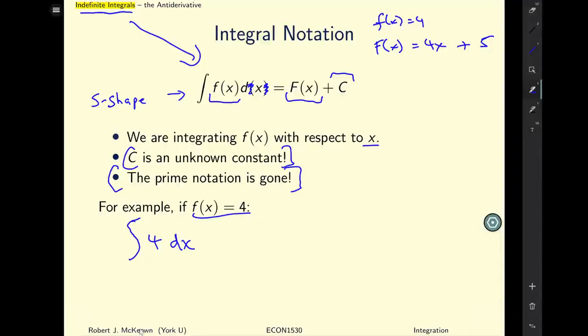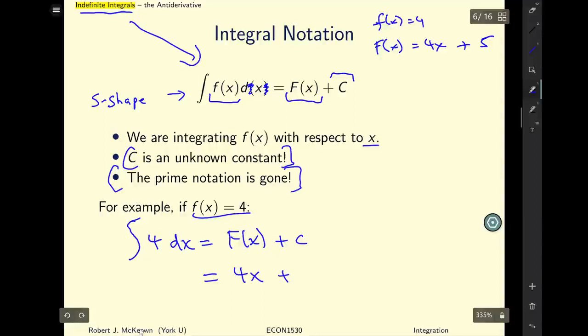And this is going to be equal to big F of x plus c, which is going to be equal to 4x plus c. And so that's how we understand the notation.